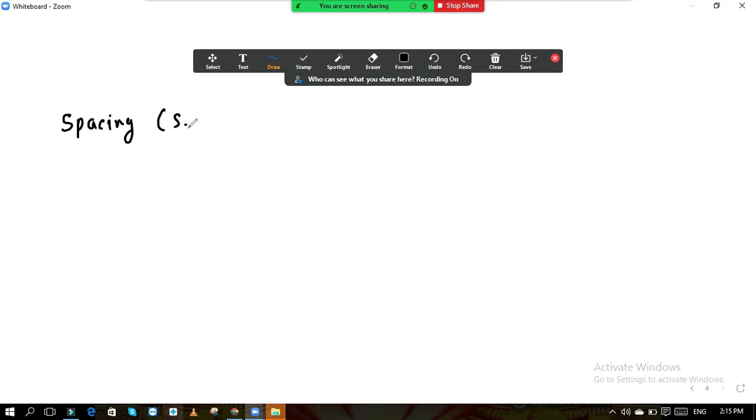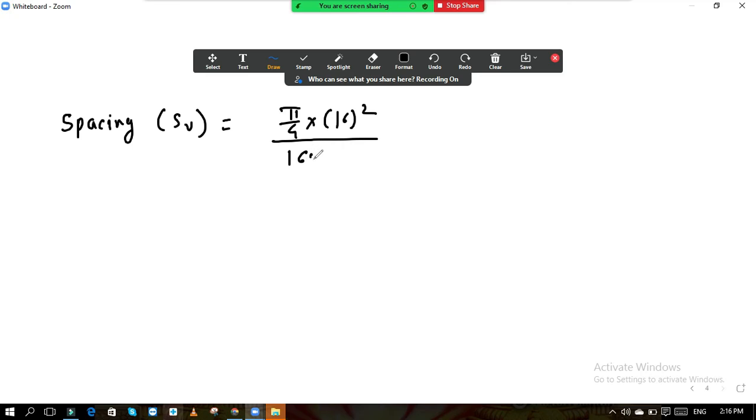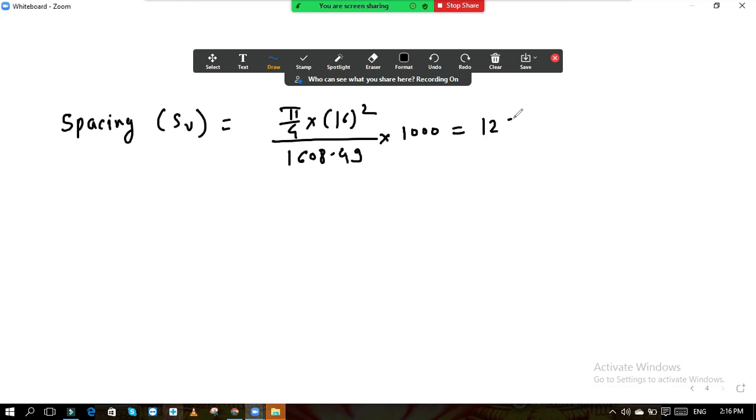Spacing SV is equal to, how do we calculate it? Area of single bar divided by AST provided, into 1000. What is the answer? Exactly 125, so 125 mm center to center.